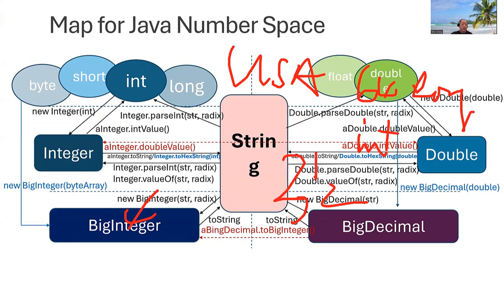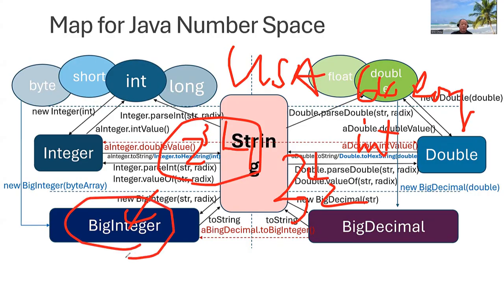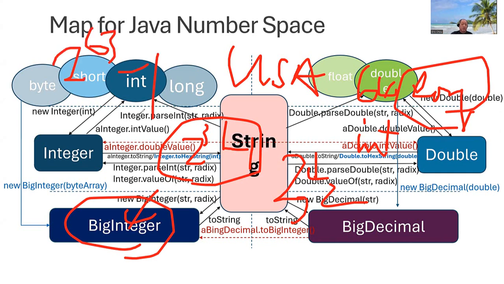The integer goes up to 2 to the power 31 minus 1, that's the maximum you can reach. But you may have a number that's bigger than that, or even bigger than long. Long is 2 to the power 63 minus 1. If you have a number bigger than that, then you need to use BigInteger.